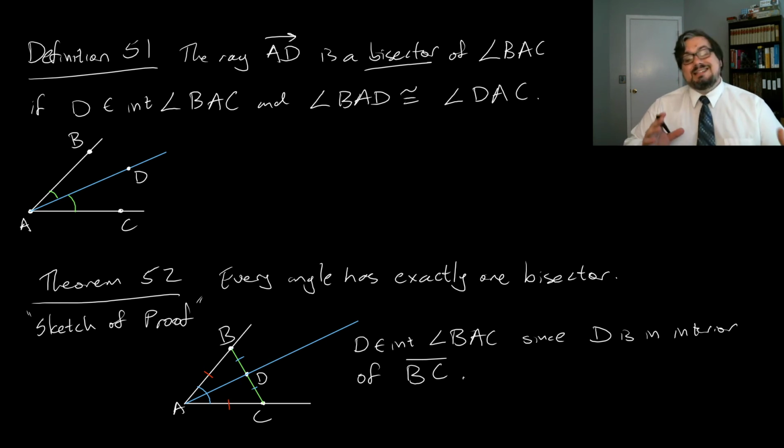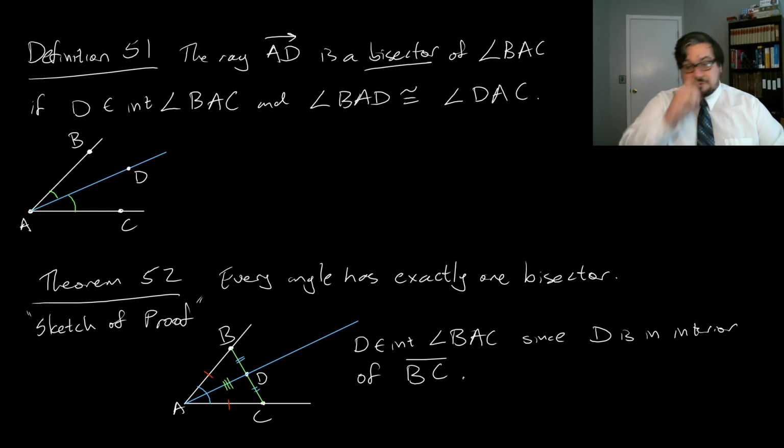So we know that D is contained in the interior of angle BAC. So that satisfies the difficult part of the definition from the first way of doing things. The next step is to try to show that the angles BAD and DAC are congruent to one another. But here's where we can use our theorems.